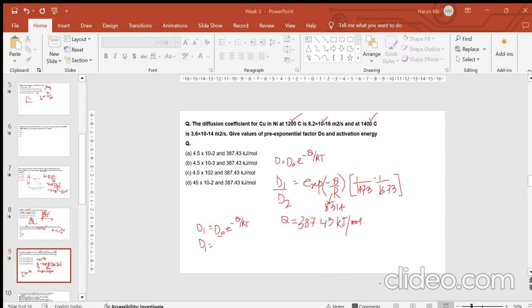So have we achieved the same answer? 6.47 into 10 to the power minus 12. Is it right? Okay, so this is your D.